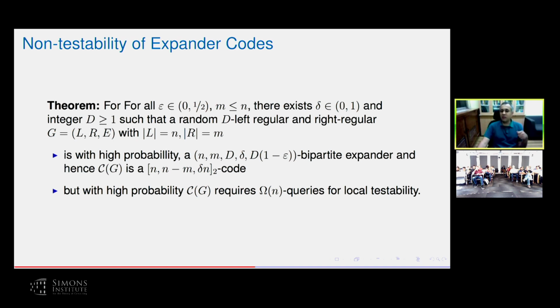What we'll now see is whether we can soup up this expander with some more properties to make it locally testable. To do this, we will look at existing codes which do not necessarily have good rate and distance, but are locally testable, and see what goes into proving their local testability, and see if we can understand something out of it. That's what I'll do in the second part of the talk.